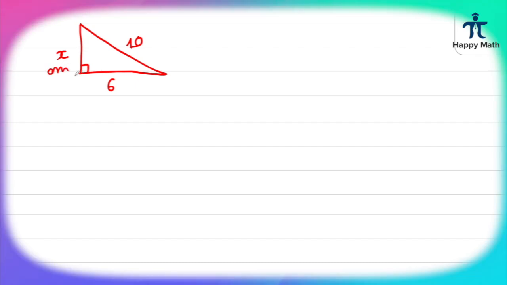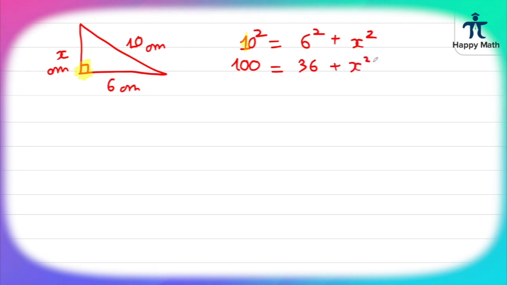This side will be 8 centimeters, this one 6 centimeters, and the largest side is 10. I use Pythagoras because I can see the right angle symbol here. So using Pythagoras, 10 squared has to equal 6 squared plus 8 squared. The first is 100, the second is 36, and the next one is 8 squared.